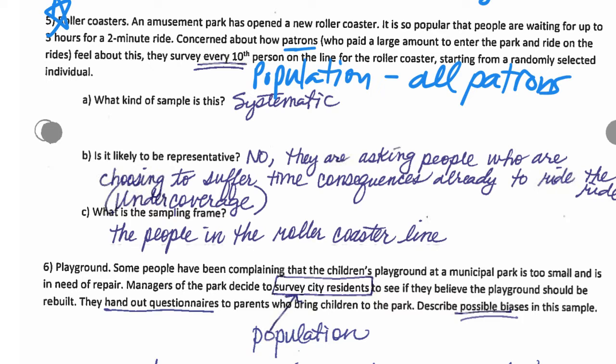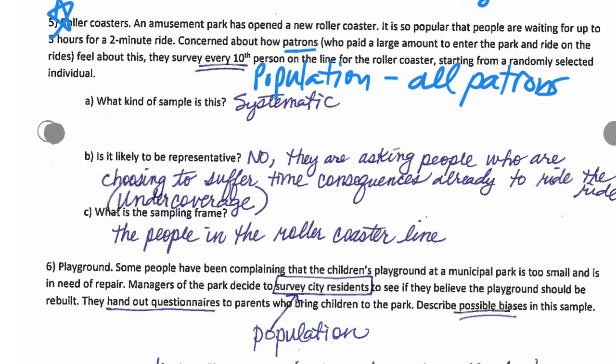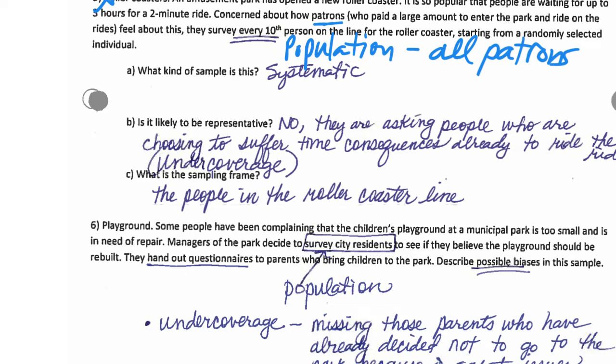But who do they ask? Just the people in the line getting ready to ride that ride. So let me ask you this: is that a good representation of all the patrons in the park in regards to their opinion about waiting in line? No. So here's the kind of question I ask on the test.